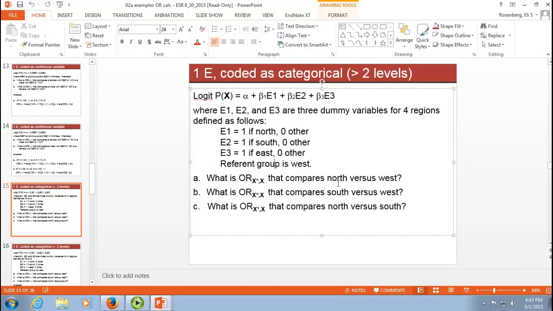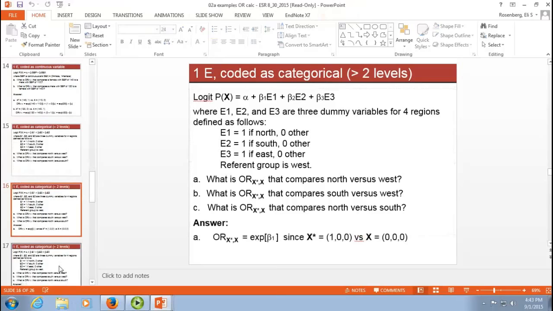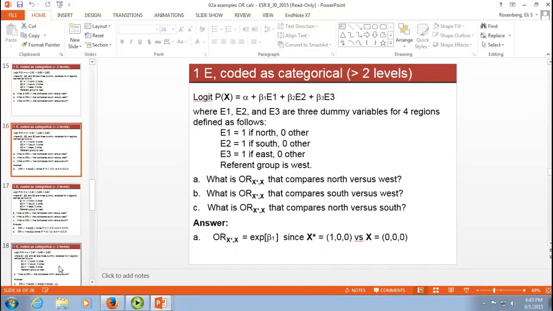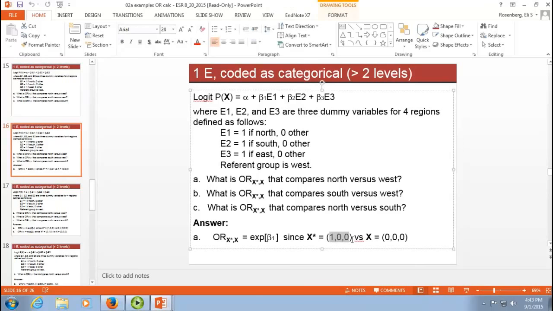Then the odds ratios that compare north versus west, south versus west, north versus south can be obtained using the same formula. Here we asked, what's the odds ratio that compares north versus west? Well, that's comparing a person with 1, 0, 0 versus 0, 0, 0. Those are the values of these individual dummy variables.